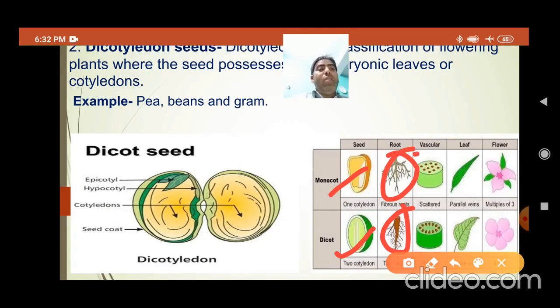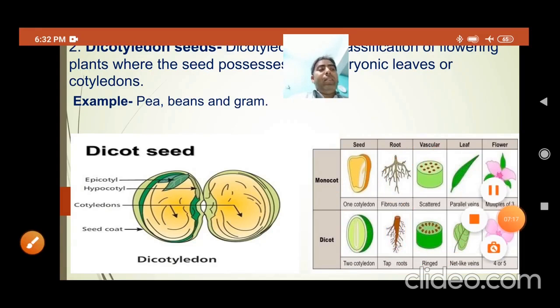In the monocot leaf there are parallel veins, and in dicot you can see net-like veins, that is reticulate.